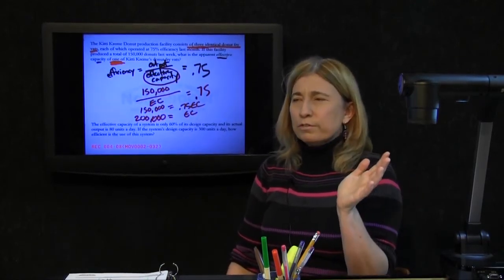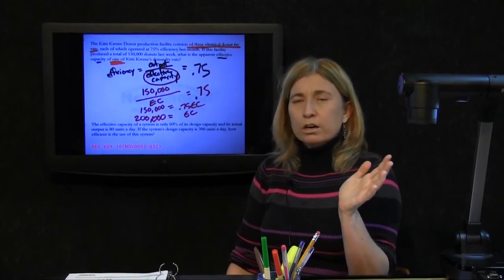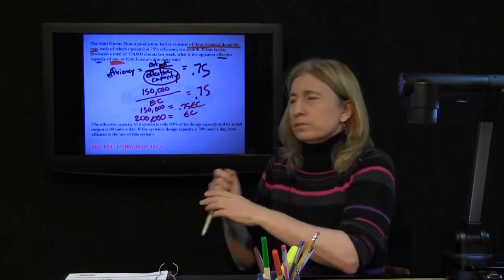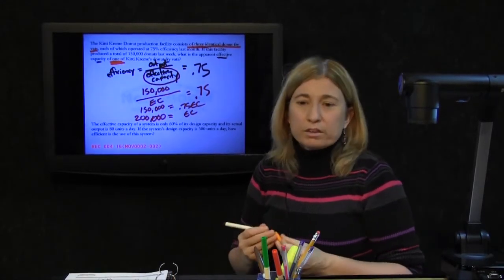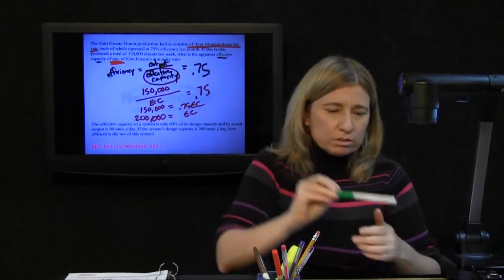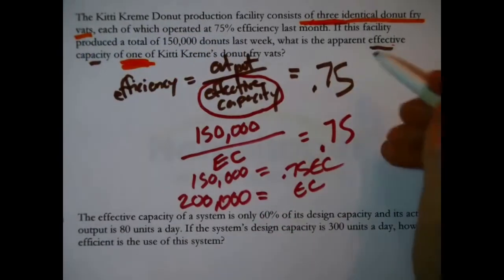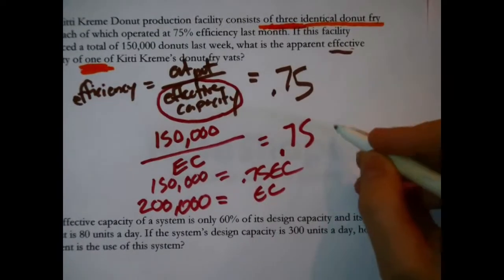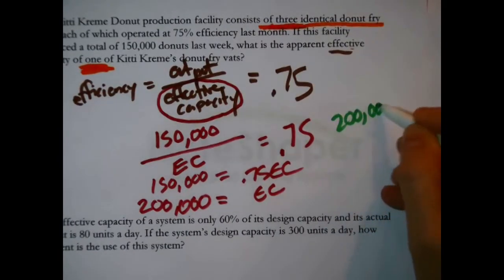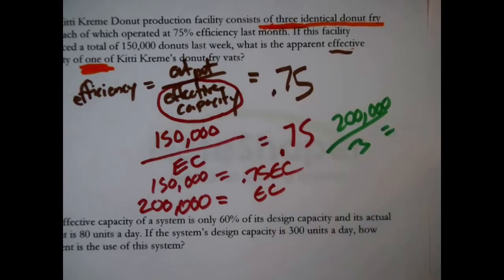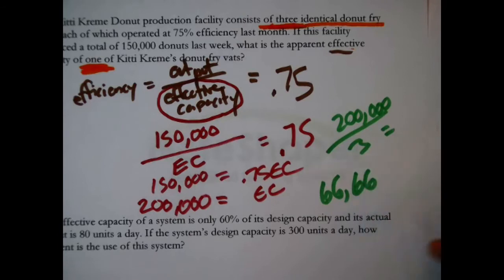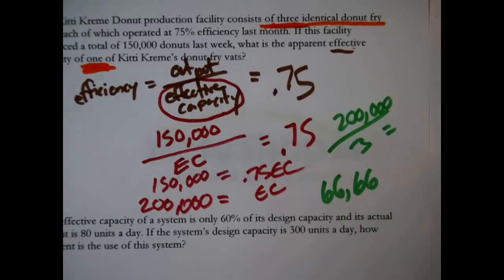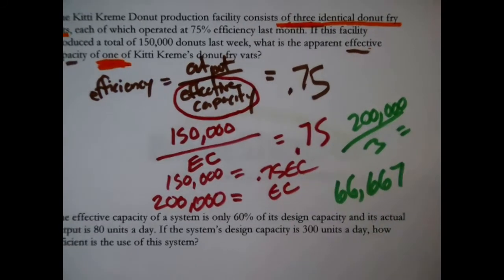To determine the effective capacity of one of their fry vats, 200,000 is a step along the way. You take that number and you divide it by 3. They said they were identical, so to actually answer that question, let me take the 200,000 that I got and divide it by 3. 66,666.6666. There's no such thing as 2/3 of a donut.